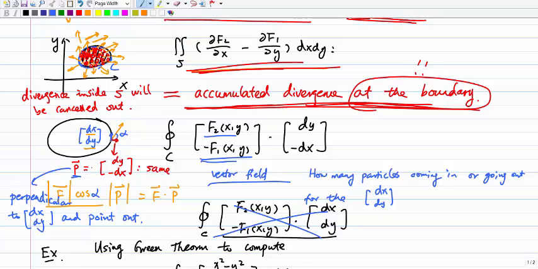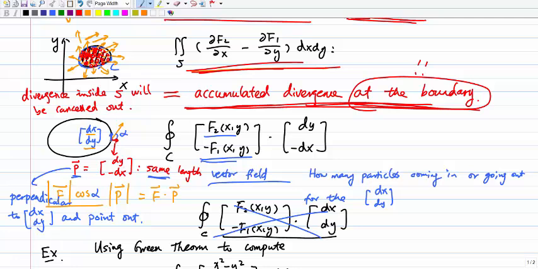What it means is that p will be given by dy, negative dx, because if you do the dot product, it will be 0: dx times dy plus dy times negative dx is 0. If the dot product is 0, they are perpendicular. Second, it has the same length: if you swap the components and put a negative, the length is still the same.